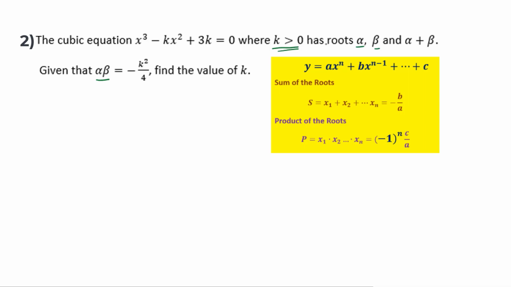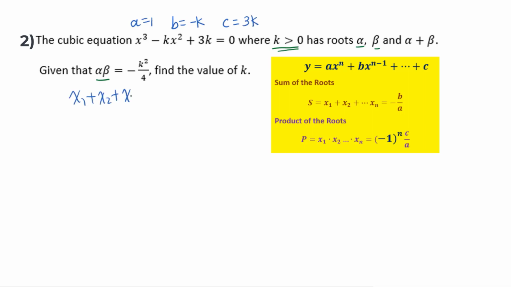Since we already know all the roots of this cubic equation, we can use the sum and product of roots formula. For this cubic equation, we have a equals 1, b equals negative k, c equals 3k.